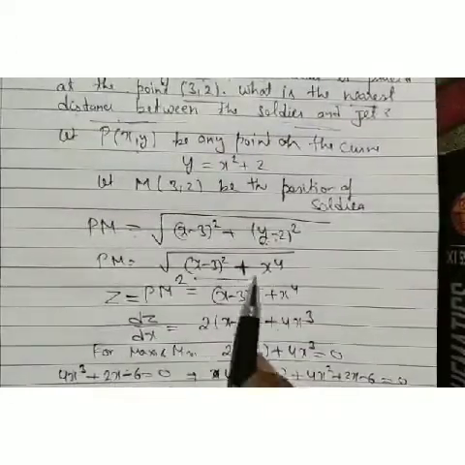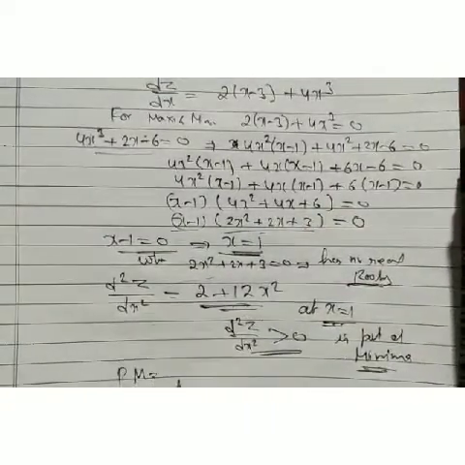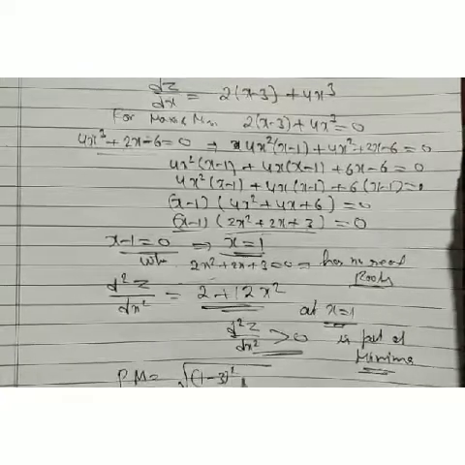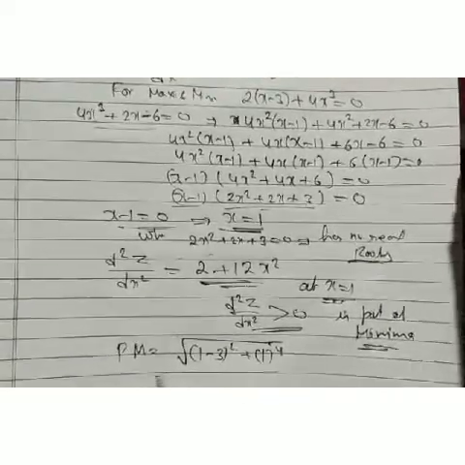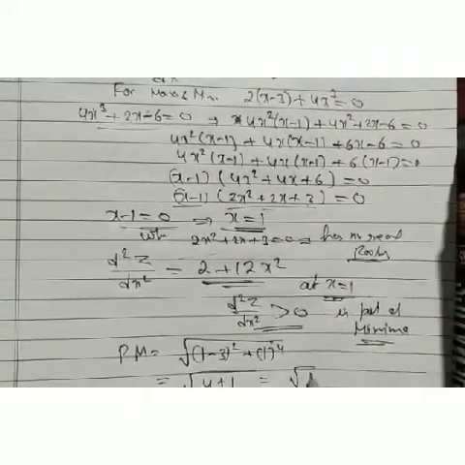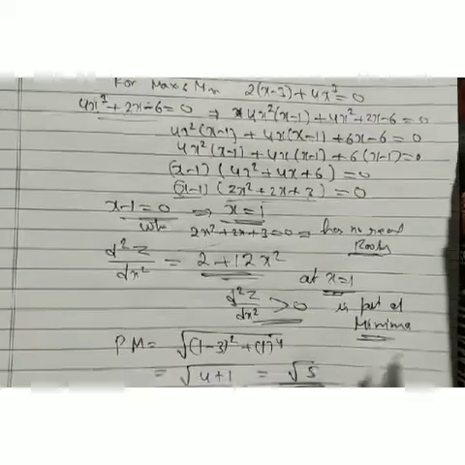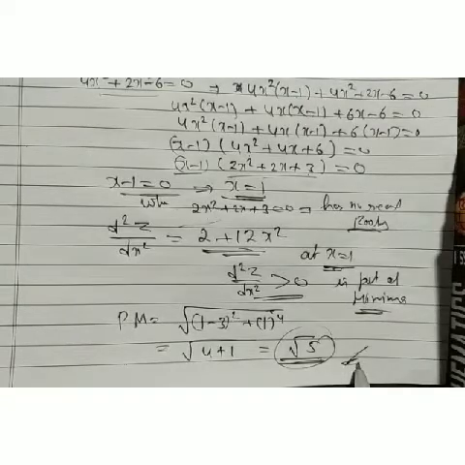PM is under root x minus 3 whole square plus x to the power 4, so 1 minus 3 whole square plus 1 to the power 4. From here we get 2 square, 4, plus 1, root 5. Then what is the nearest distance between the soldier and the jet? The nearest distance between the soldier and the jet is root 5. This is our required solution.